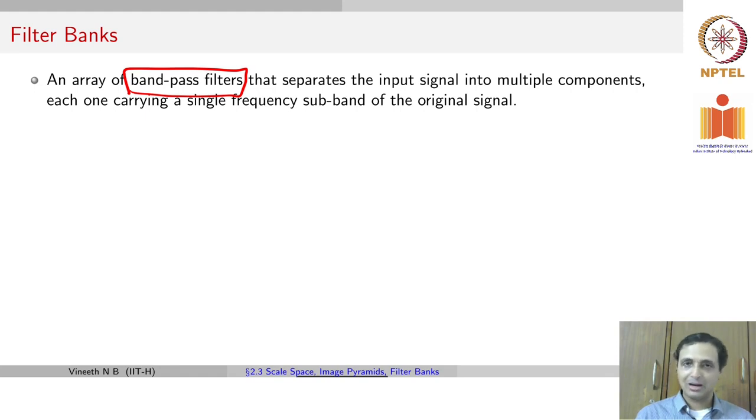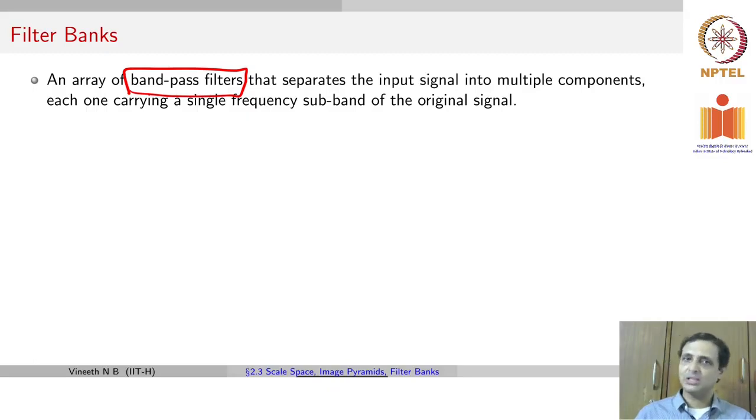This goes back to our discussion on extracting low frequency components and high frequency components in images. Band pass filters are filters that allow a certain band of frequencies to pass through and get as output when you convolve a filter with the image. So remember, we have seen examples of filters that extract high frequency components, edge detection.